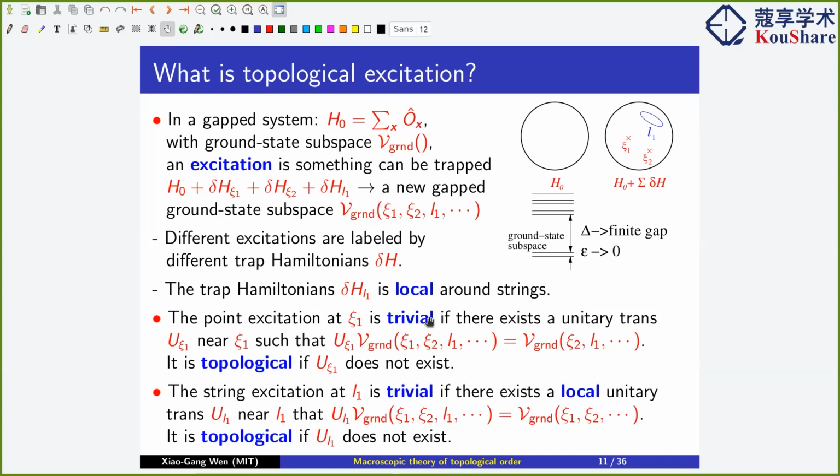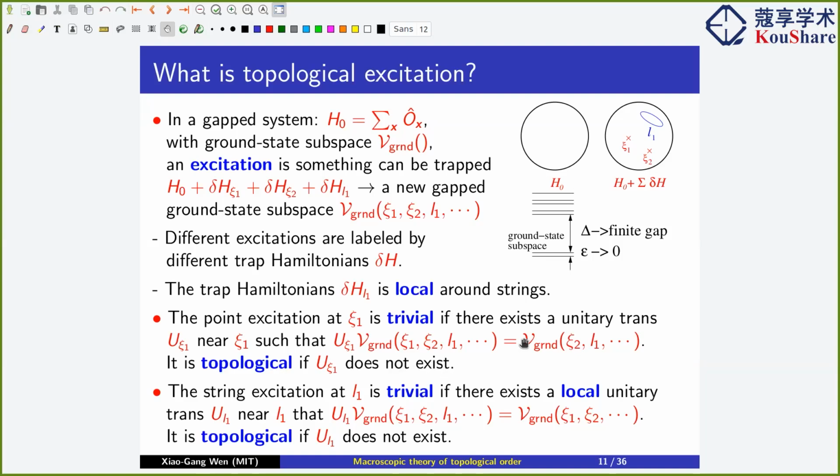However, if whenever you deform the trap to 0 you always close the energy gap, then my trap is something non-trivial. That's called a topological excitation. Two topological excitations are equivalent if their traps can be deformed into each other without closing the energy gap. That's the usual definition.